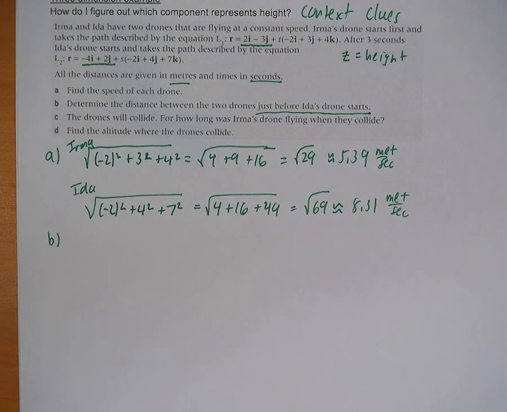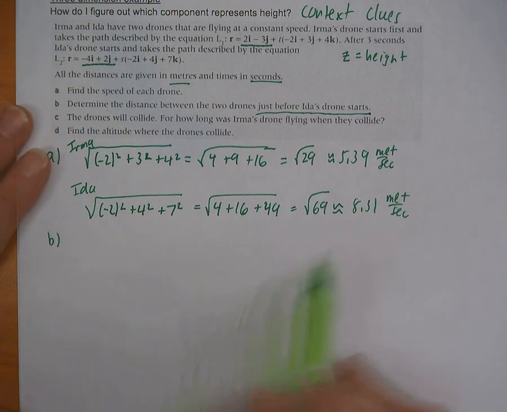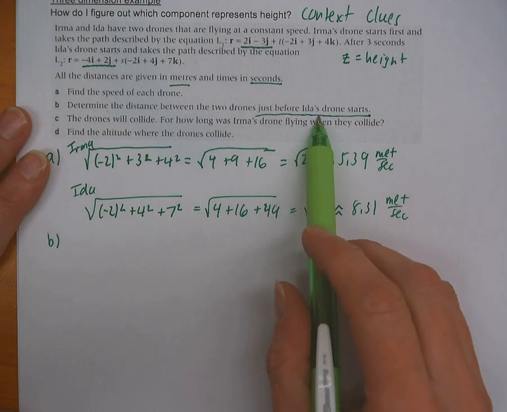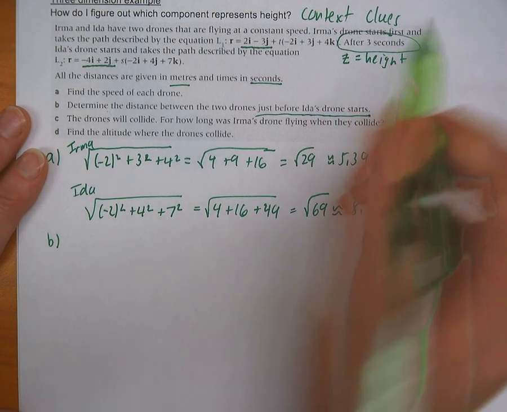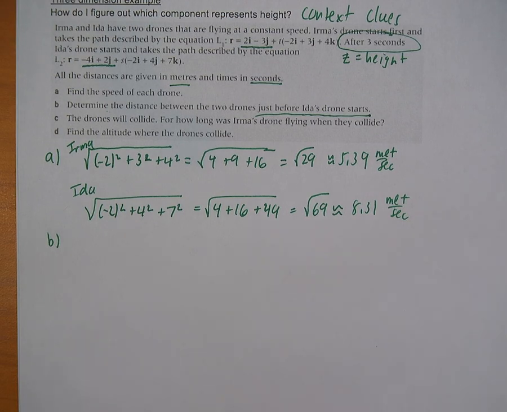Now, if you picked up on this when we were reading the question, Ida's drone starts 3 seconds after Irma's. So Irma's starts, and then 3 seconds later, Ida's starts.